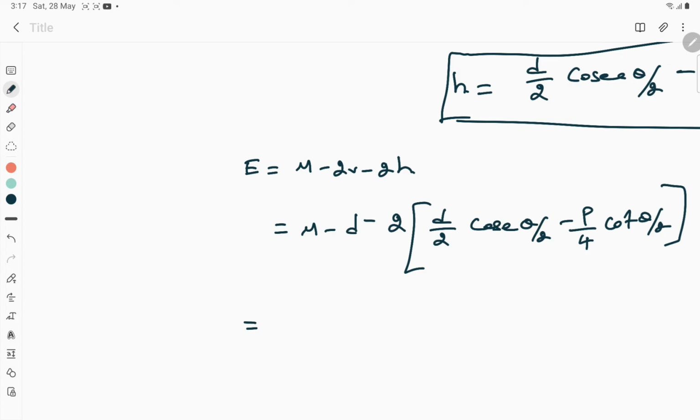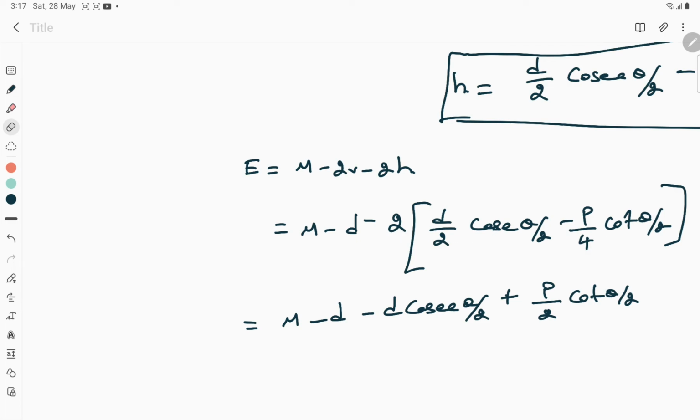Now we will interchange the terms. We'll take minus d, multiply 2 inside the bracket, so it will become d cosecant theta by 2 plus p by 2 cot theta by 2.